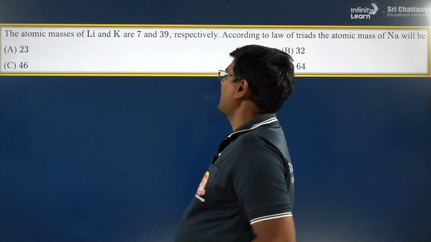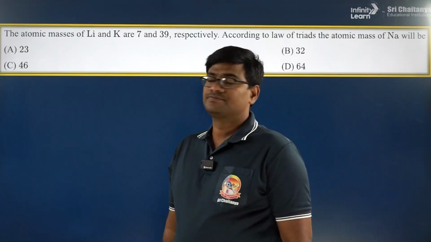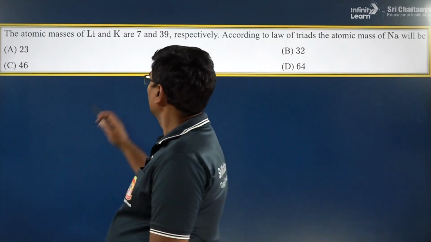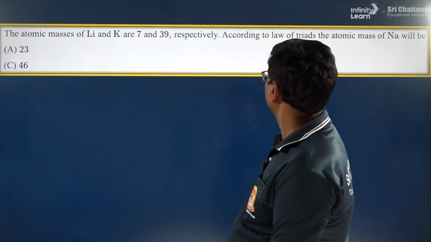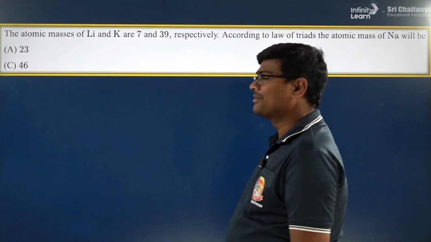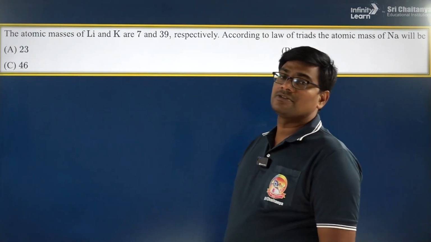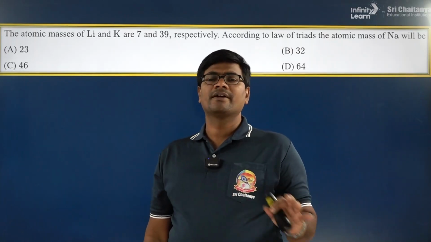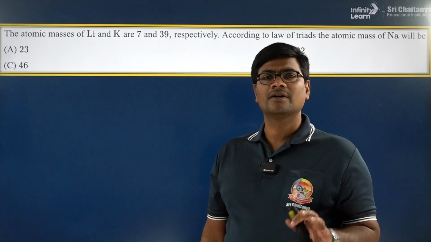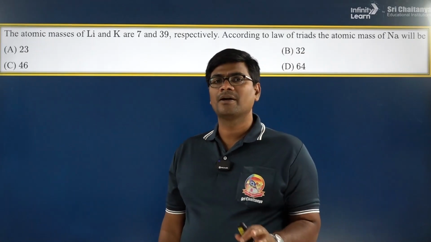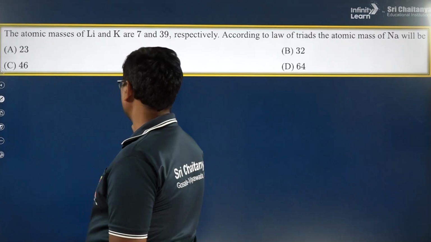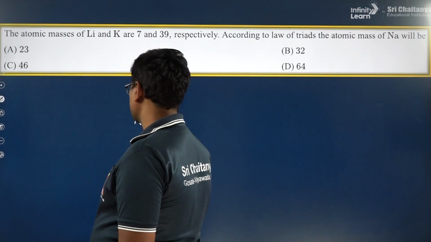The atomic masses of lithium and potassium are given as 7 and 39 respectively. According to the law of triads by Dobereiner, the atomic mass of sodium will be? Simple question. Simply we will get the average of the atomic masses of lithium and potassium. This is the triad: lithium, then sodium, then potassium.